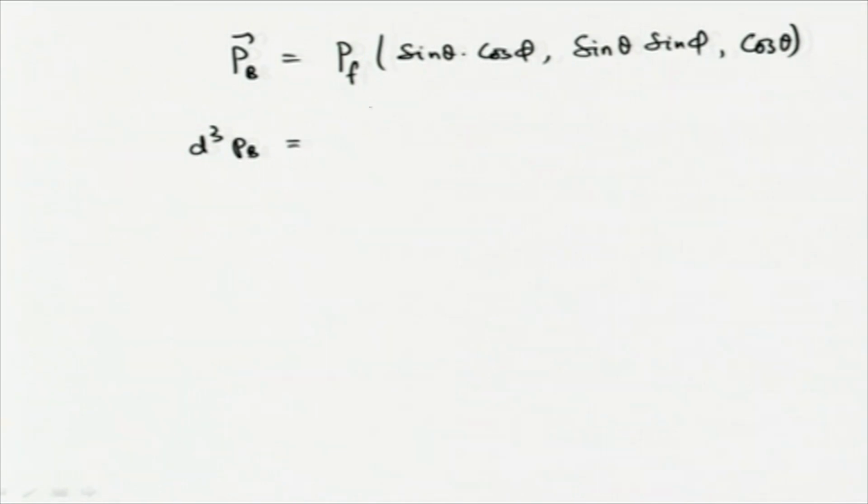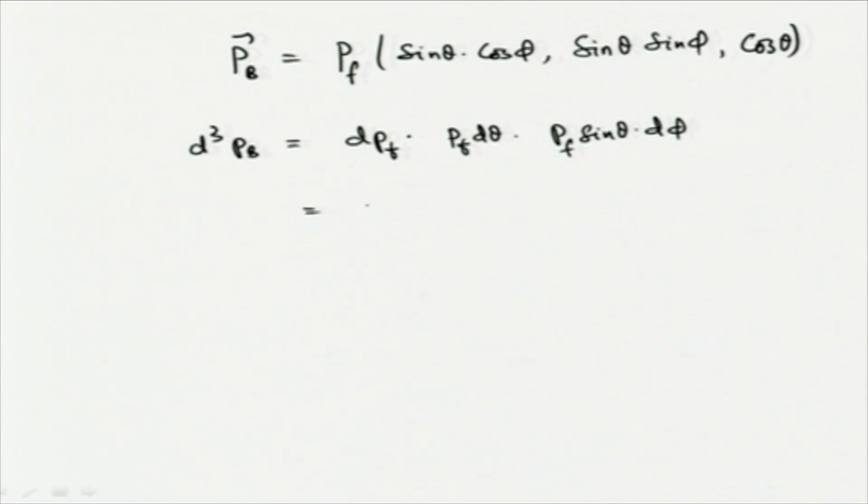When you vary the radial part, the P F, then you have a d P F, and when you change theta by d theta, then you have P F d theta, and for the azimuthal case you have P F sin theta d phi. This is basically similar to the normal volume element in r theta phi coordinates.